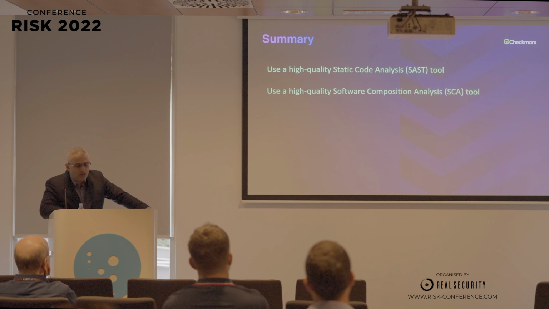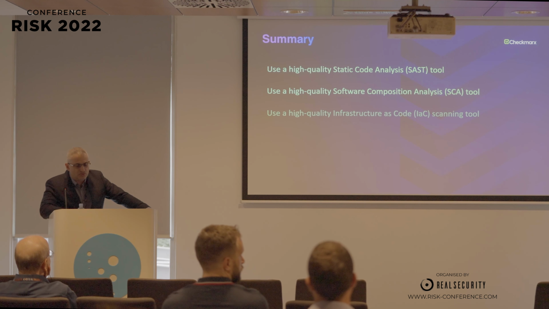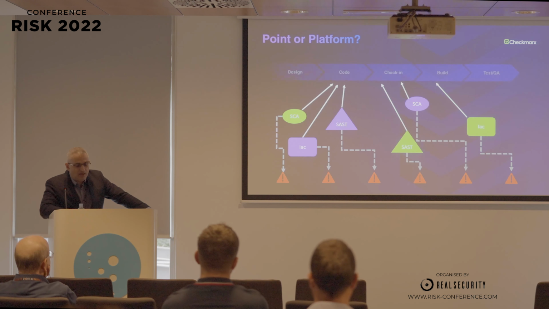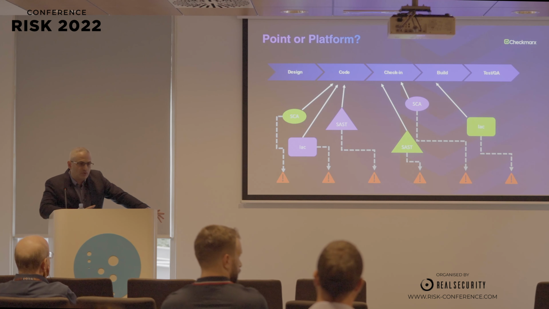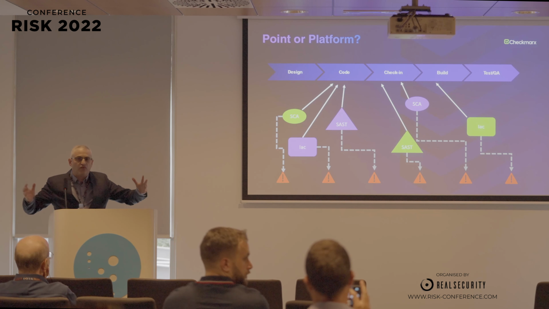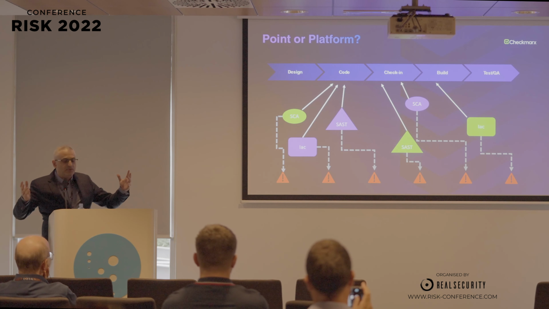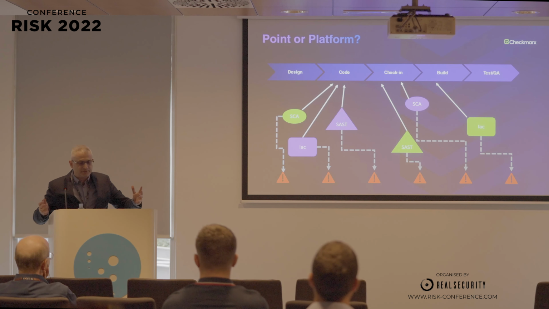Okie dokie. So we need to use SAST, we need to use SCA, we need to use IaC scanning. Two approaches can be applied to build our protected security pipeline.